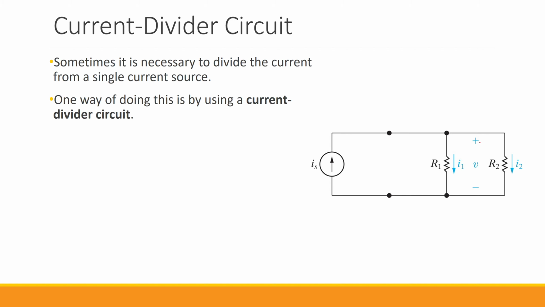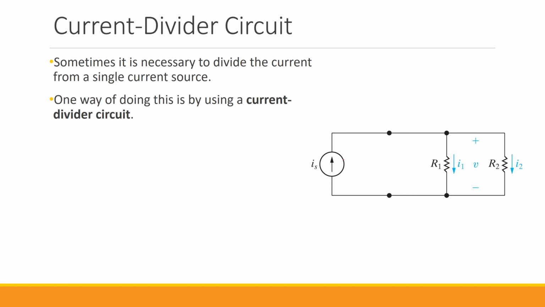Here we have voltage V shown with this polarity, positive on the top and negative on the bottom. So the voltage across all these three components, the two resistors and the current source, is exactly the same.